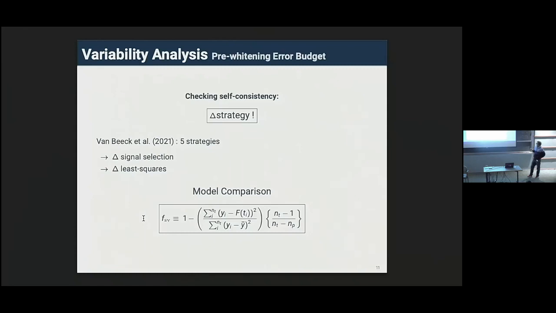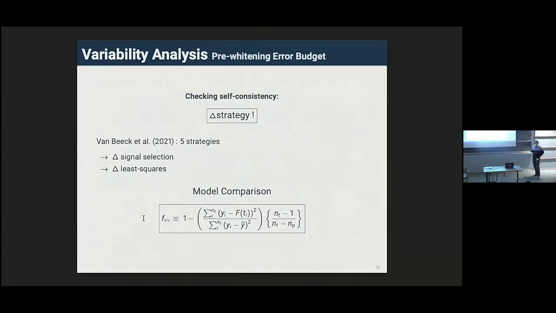we perform this pre-whitening analysis in five different strategies. So we vary our strategy, we vary the way we determine the significance of our signal, and we vary the way we fit or perform the least squares regression. So you then end up with five light curve models, and of course these models need to be compared.